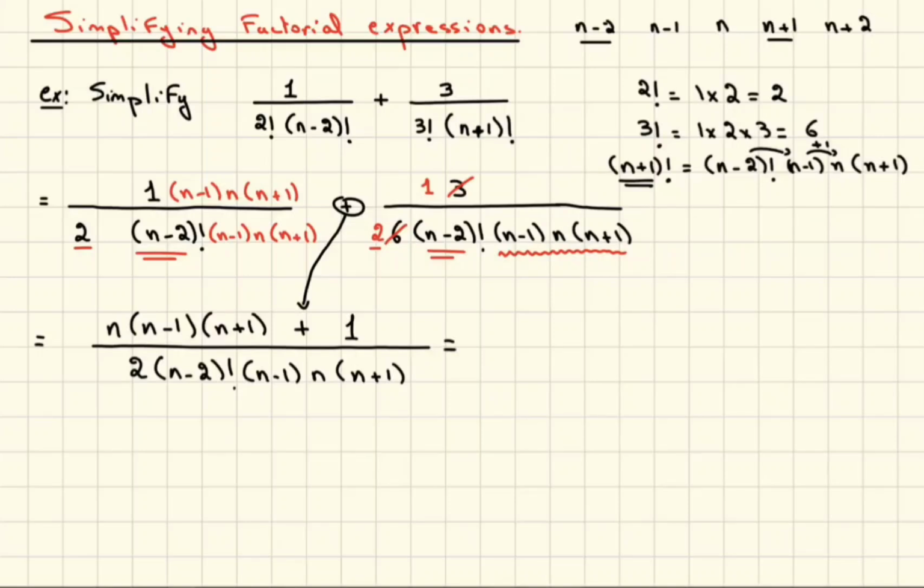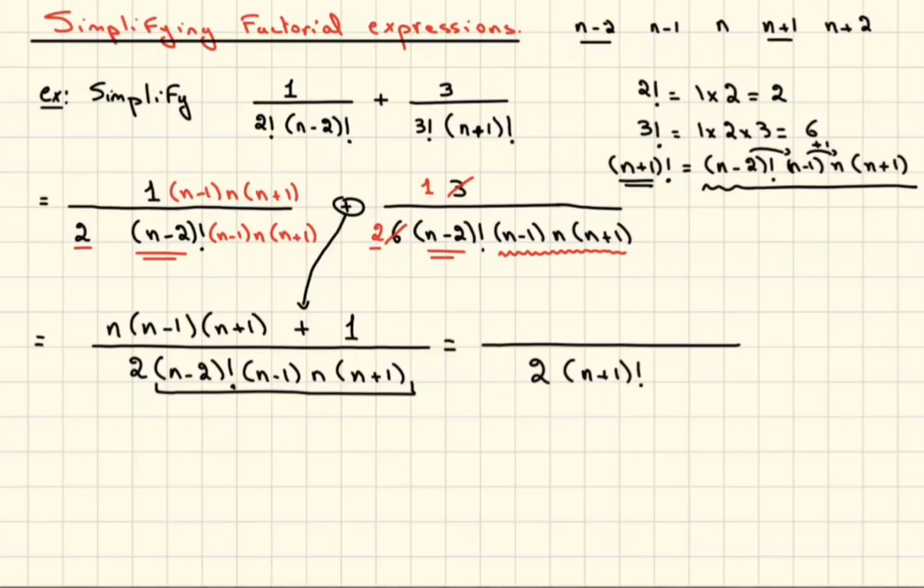Equals. Now 2 stays 2, and look at this part: n minus 2 factorial multiplied by n minus 1 multiplied by n multiplied by n plus 1, I can notice it's the same as the one here. But the answer of that is just n plus 1 factorial.